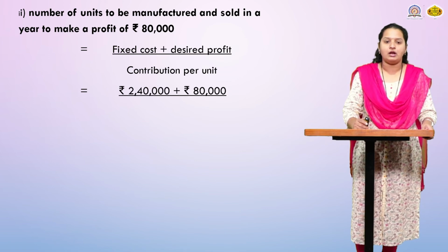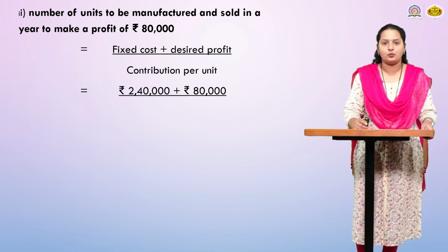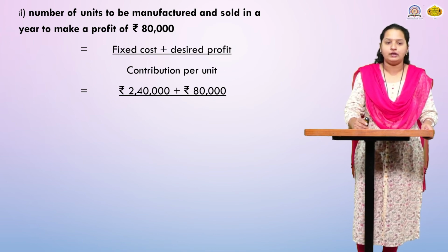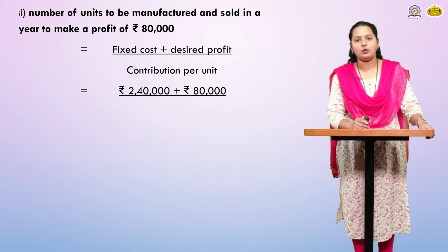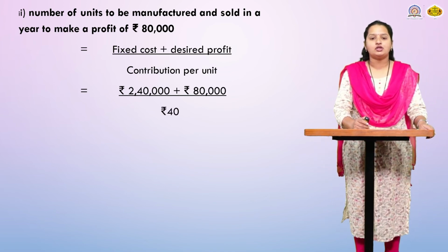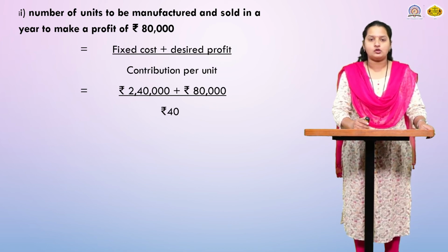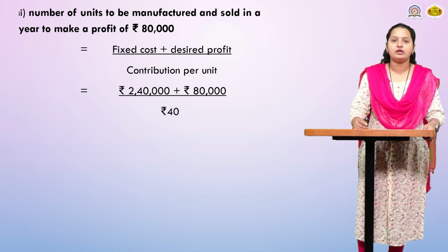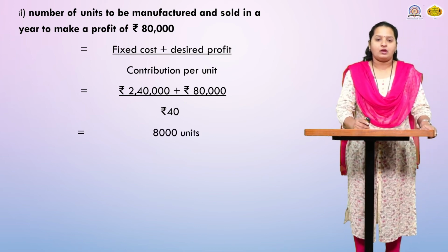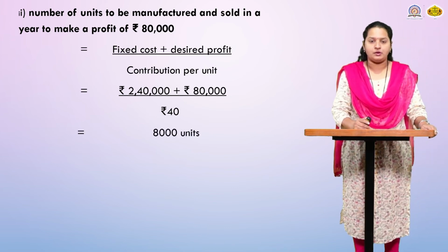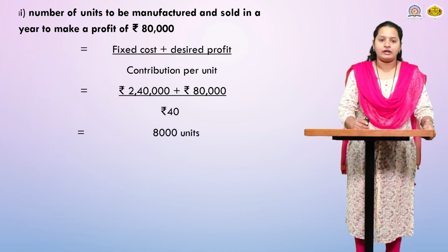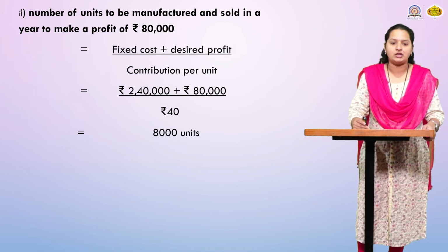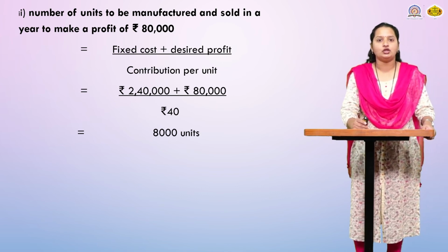In our example, we have the fixed cost, that is rupees 2,40,000, plus the desired profit, that is rupees 80,000, and again the contribution per unit, which is rupees 40. By adding the desired profit to the fixed cost and dividing by the contribution, we can calculate the number of units to be manufactured, which is 8,000 units.